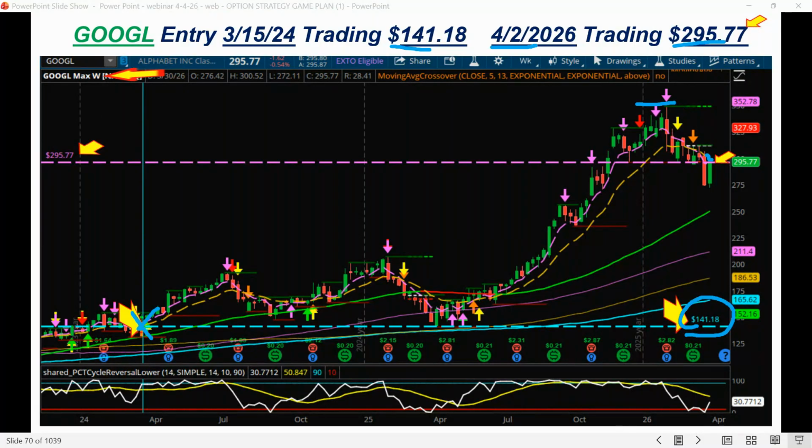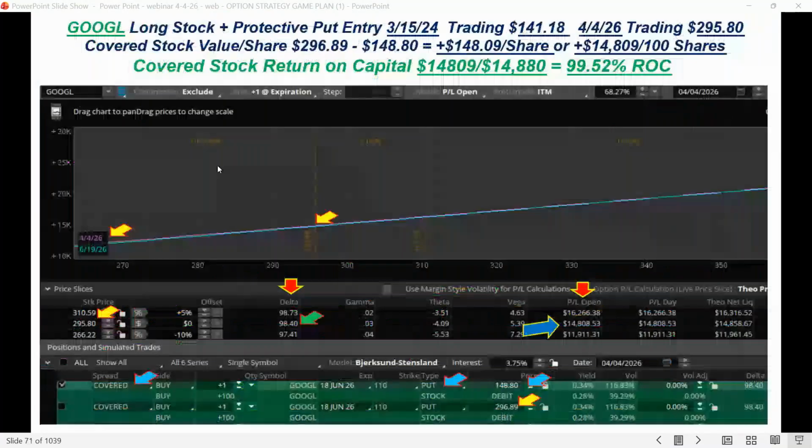All right. Now here is the synthetic. This is to show you the difference between if you had gone long the stock and bought a put below it. This is what we call a long stock with a protective put. Okay. So here's the 15th. If you did this trade where you're just long the shares, say you're long 100 shares, and you bought a put below it, the 110 put below it, that's part of the cost in the trade.